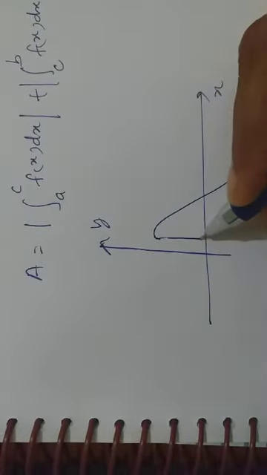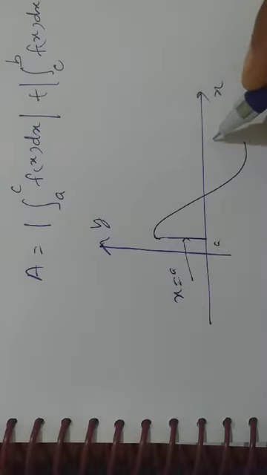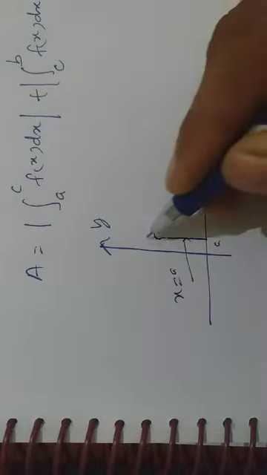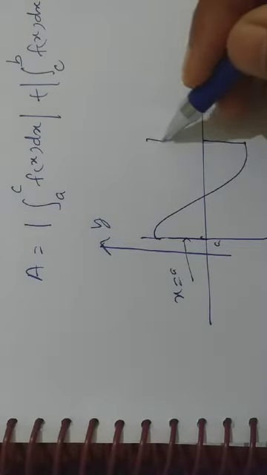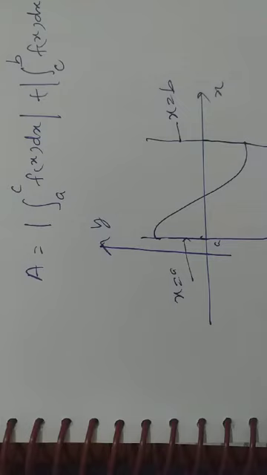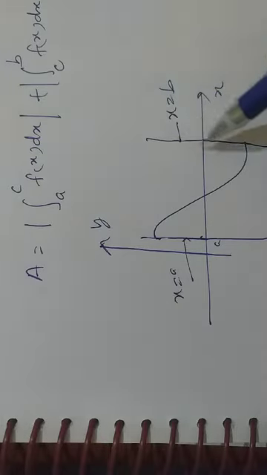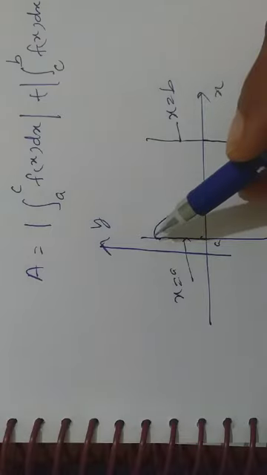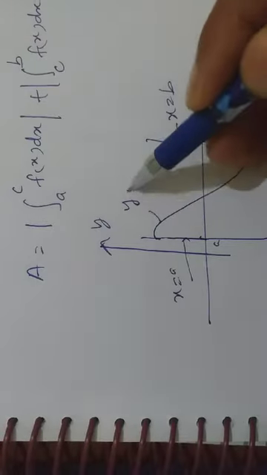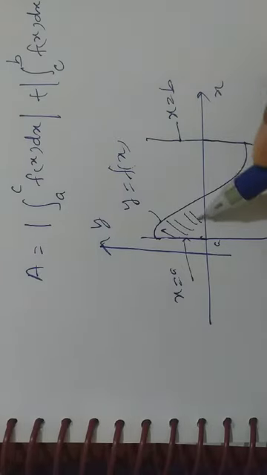This is the ordinate x equal to a, and this is the ordinate x equal to b. Then the area bounded by ordinate x equal to a and x equal to b and curve y equal to f(x) and x-axis will be this whole area.